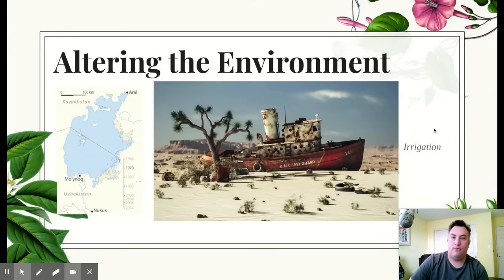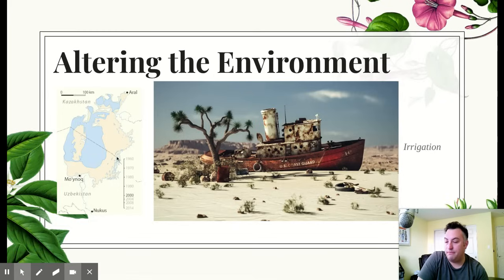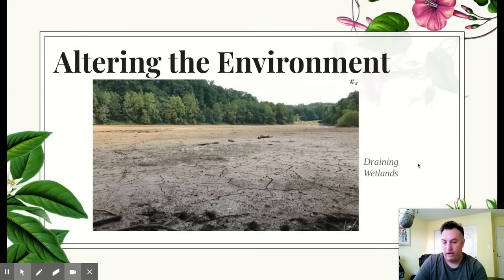Irrigation is another interesting one that I was reading about over the weekend. We're starting to see, like you see in this GIF over here, places like this Aral Lake disappear and really become more of a desert, right? So that's where you see this boat in the middle of nowhere because over the last 50 years or so, this lake has almost completely disappeared. Another example is draining wetlands, draining swamps.